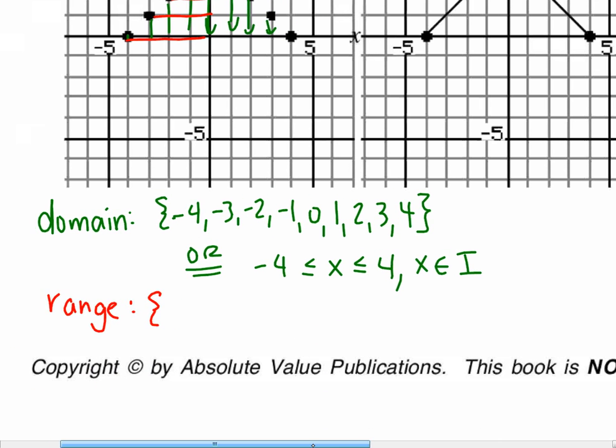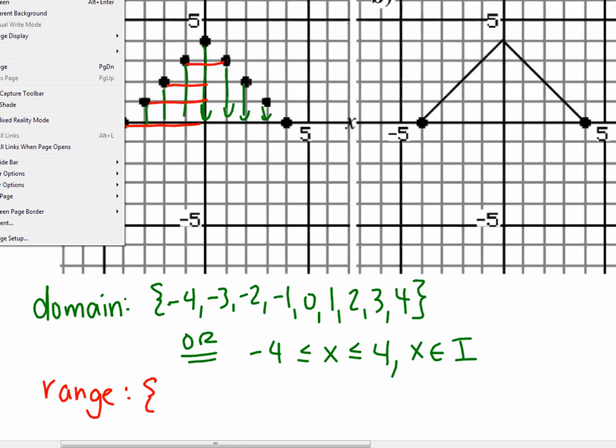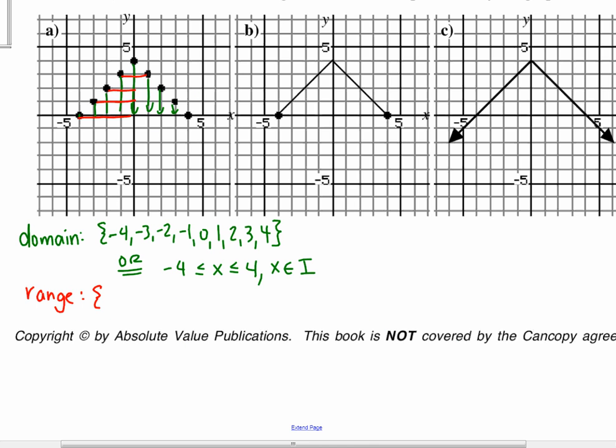Okay, maybe it's a little too big. So 0, 1, 2, 3, and 4. So again, you could also write it as between 0 and 4, element of the integers. Okay, but that's an option, and if you want to do that, it's totally fine. They're both valid, the same thing. With this discrete data, it is easier just to write it like that.